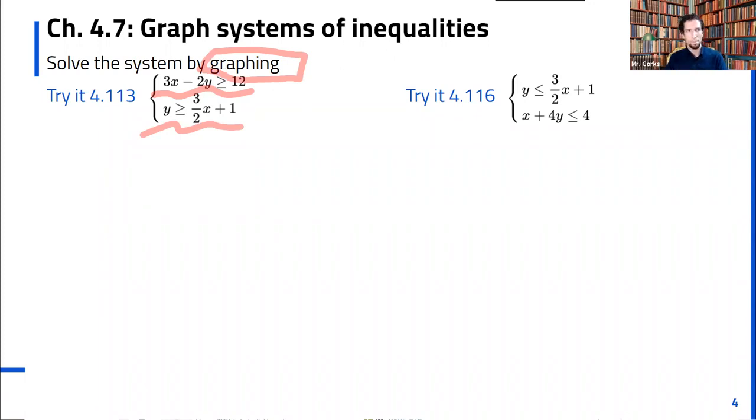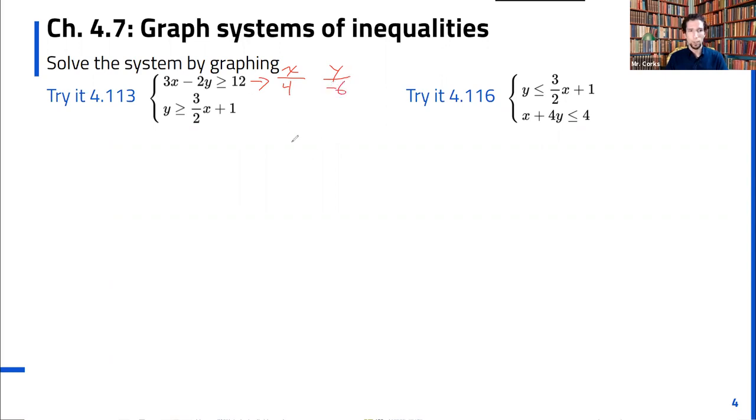First, we need to find the x and y intercepts in order to mark them on the graph. Okay, so let's say the first one here, x and y intercepts. Okay, we could do that. So x and y, and what would those be? 4 and -6.